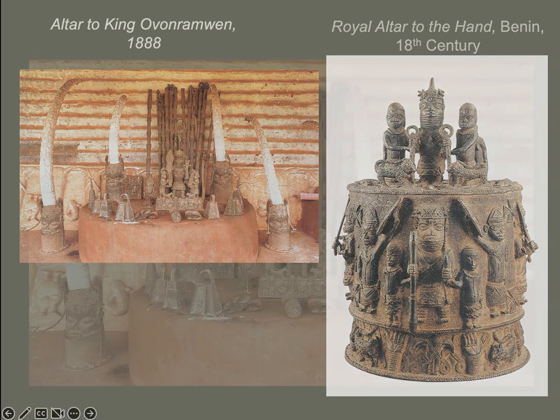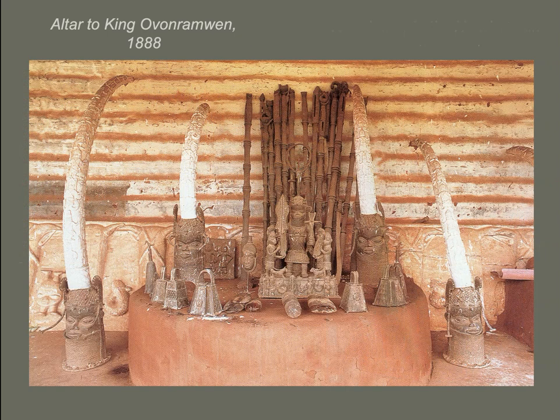And then let me give you a close-up of the altar to the king Avaramwen. So this was really intended to be an assemblage. So all of these parts are working together to create this altar. The king here is in the center. You'll see that he's surrounded by his attendants, and he is shown in hierarchical scale, as well as the head being larger, like we talked about with the last piece that we looked at.